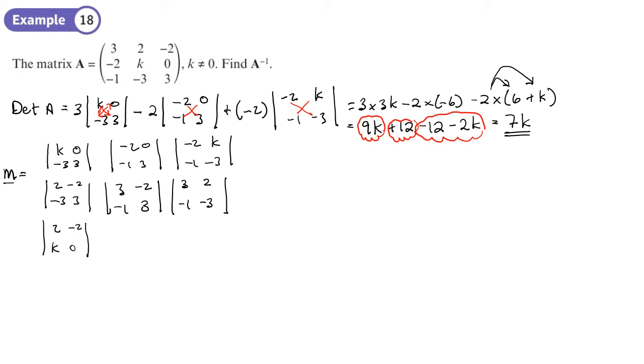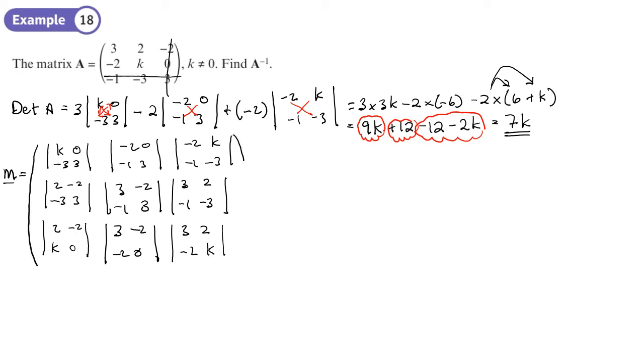Then we move on to the negative 3, so cross out those: 3, negative 2, negative 2, 0. And then the last element, the 3, cross out those, gives me the elements 3, 2, negative 2, k. Right, so we want to work out what all of these are.